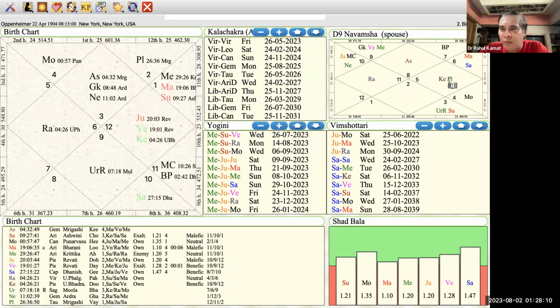The sign of Pluto from the Western astrological perspective is Scorpio, right? But Pluto is also called Yama, and Yama is the nakshatra devata of Bharani nakshatra, correct? And you notice where is Mars? Mars is in Bharani, in Aries, right?